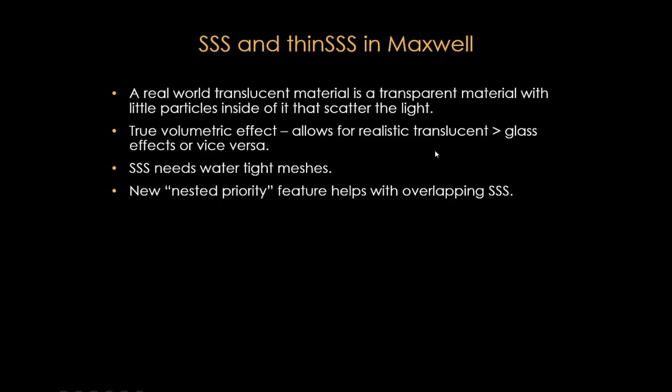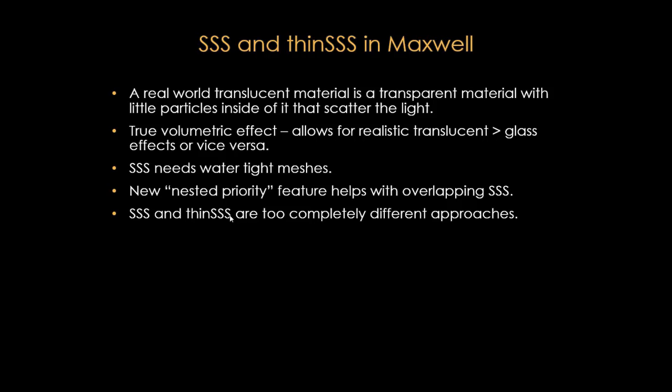So next, in the fundamentals about these materials in Maxwell, the true volumetric subsurface scattering and the thin SSS, they're two completely different approaches really. They share most of the parameters, but keep in mind that computationally inside of Maxwell, they are two completely different approaches.